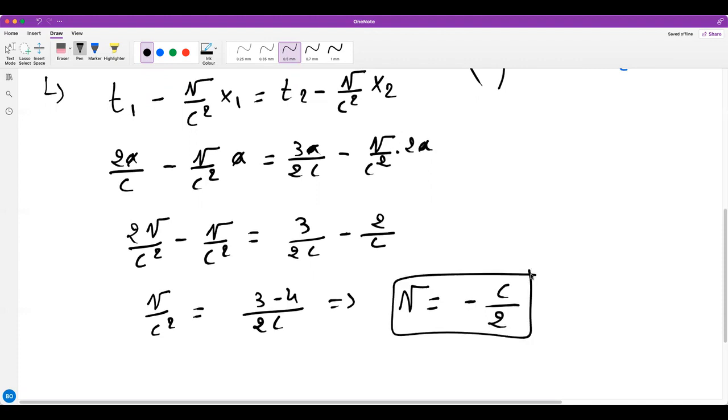So the reference frame K prime will be moving with the velocity of minus c over 2, or minus half of the speed of light, with respect to the first reference frame, for the two events t1, t2 to be seen simultaneously in K prime.